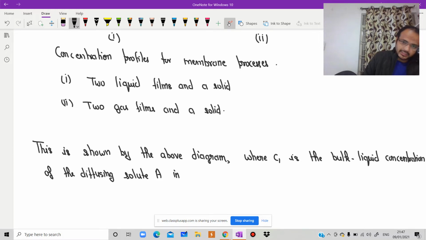And we know the concentration unit is kilomole of A per meter cube.